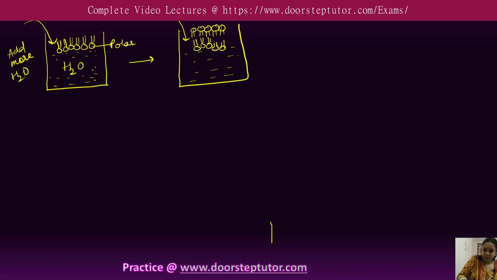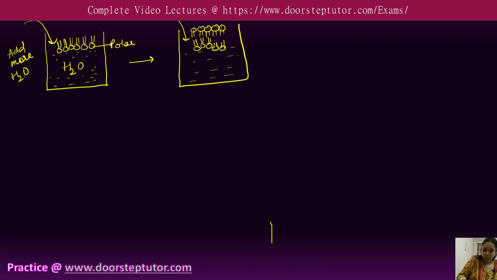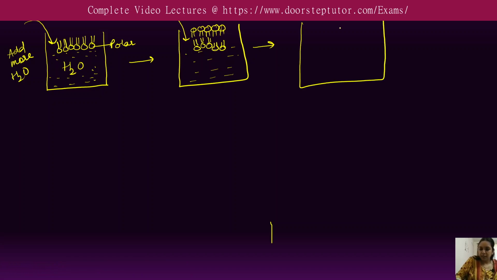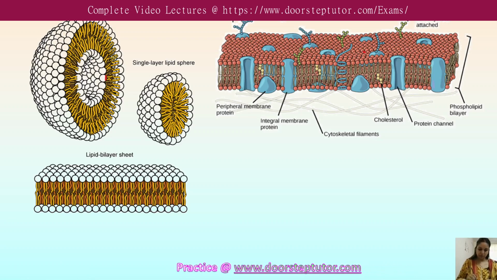Now, if we add more water, then they surround themselves like this and form a lipid layer like this.